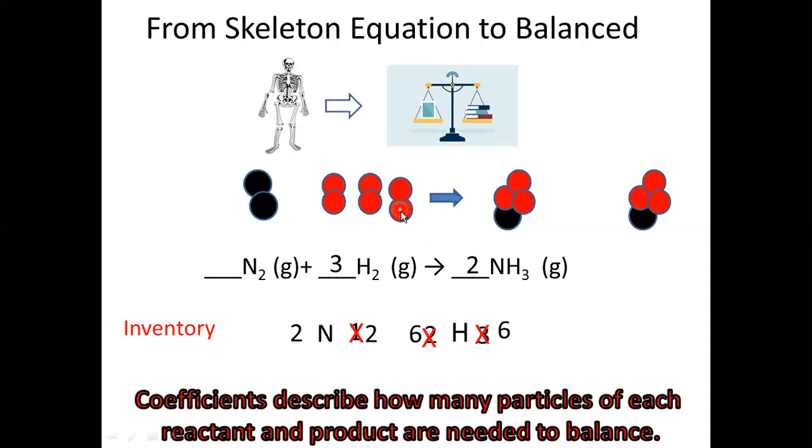So now we see 2, 4, 6 red, 3, 6 red. Red represents the hydrogen element, and we have the balanced equation with coefficients that reveal the correct quantities. So our coefficients would be 1 to 3 ratio creates 2. 1 to 3 to 2. So our coefficients reveal how many particles we have of each.